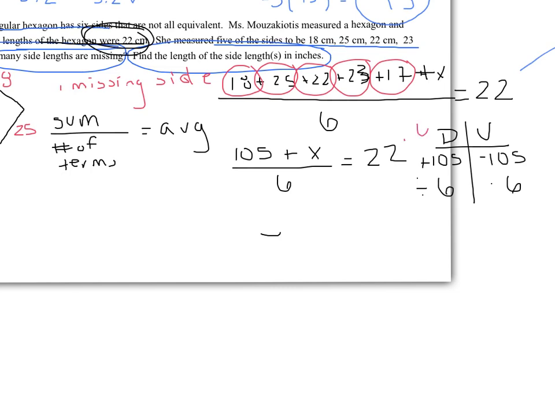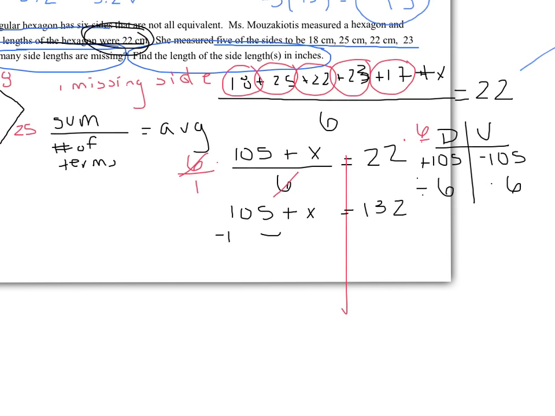I'm going to multiply both sides by 6. These are going to cancel. Remember, we really are multiplying by 6 over 1. I'm left with, on the right-hand side, 105 plus x equals 22 times 6, which is 132.